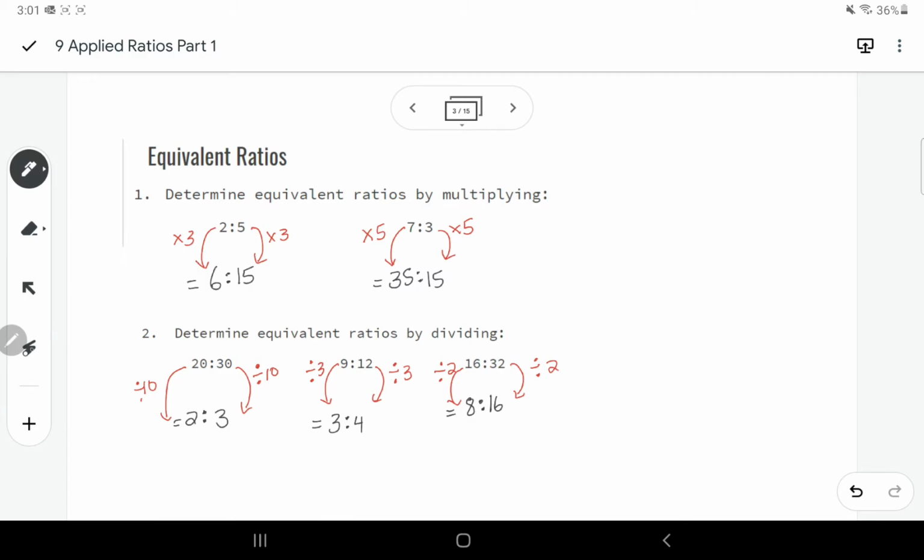One thing you might notice is that I could also do more division on this. I could divide maybe both by 4 or both by 8. These ones, the first two, I've divided by something where I can't keep dividing anymore without getting decimals. So these ones would be in what's called lowest terms.